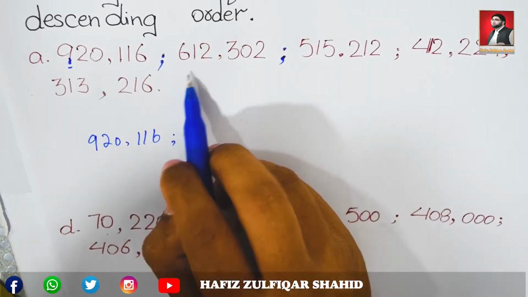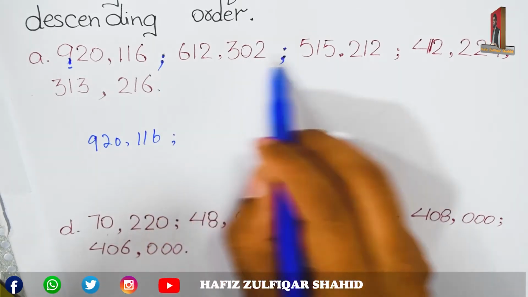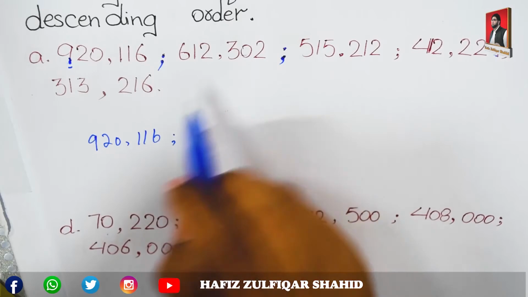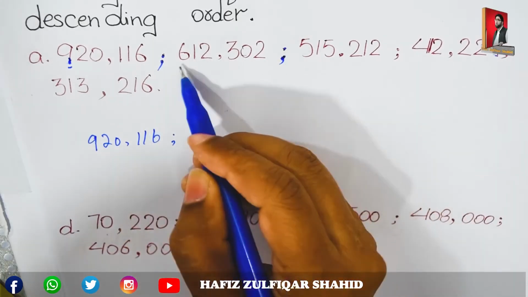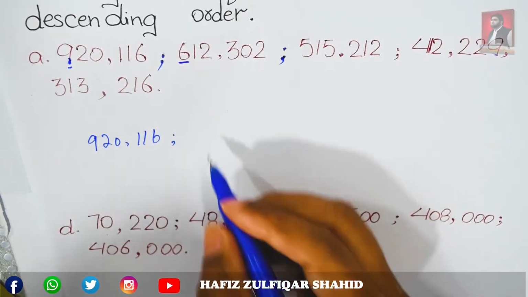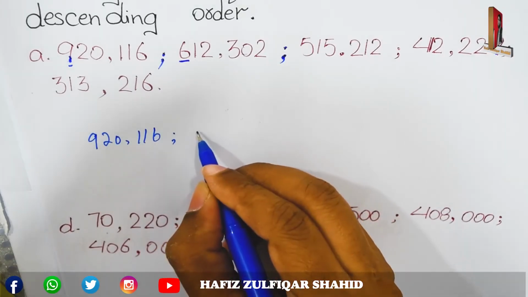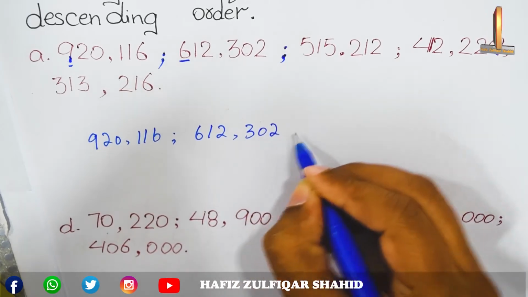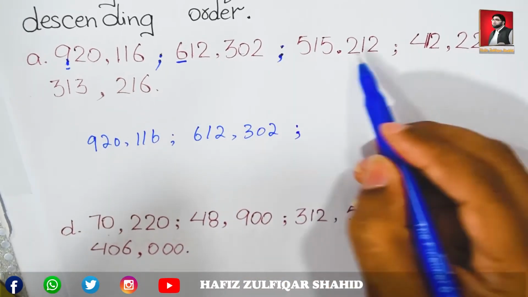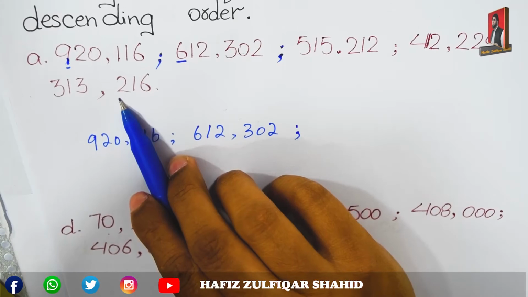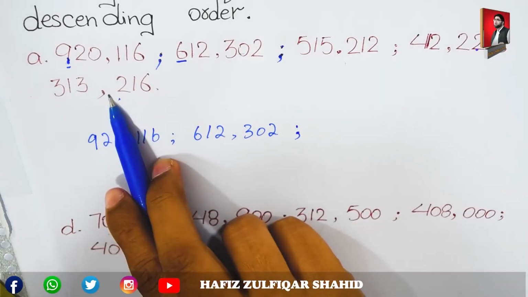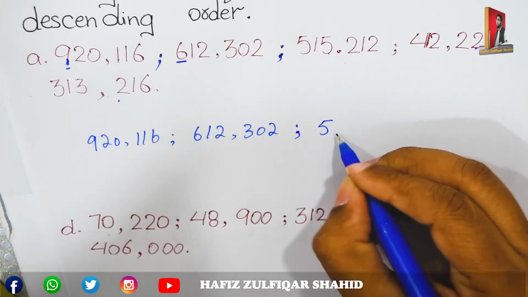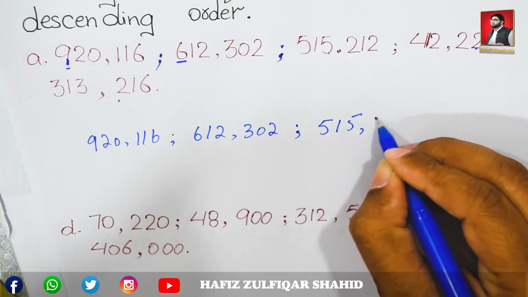Secondly, now compare the rest 4 numbers, and according to remaining 4 numbers, 612 million is greater. Write it down. Now compare the remaining 3 values, and which value is greater from these 3. We can see 515.